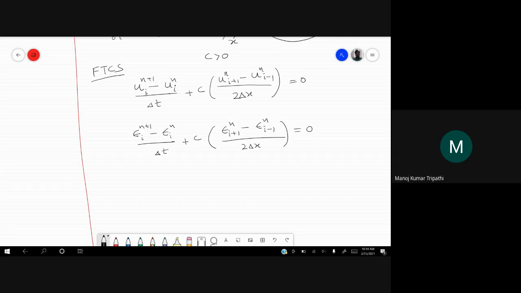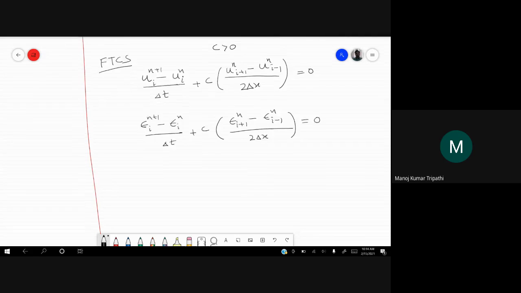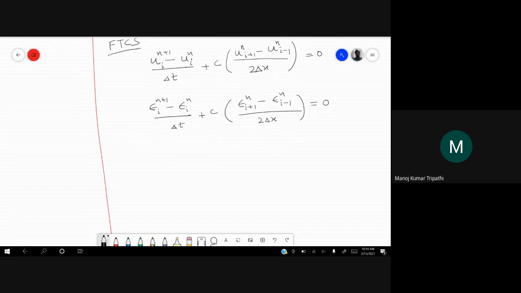The round off error satisfies this equation. Then we will replace one mode of epsilon here in this equation. We said that it can be written as e raised to the power at times e raised to the power iota kx. Actually, I should write different symbols for the space index and iota. Let me write that as j for now instead of iota.